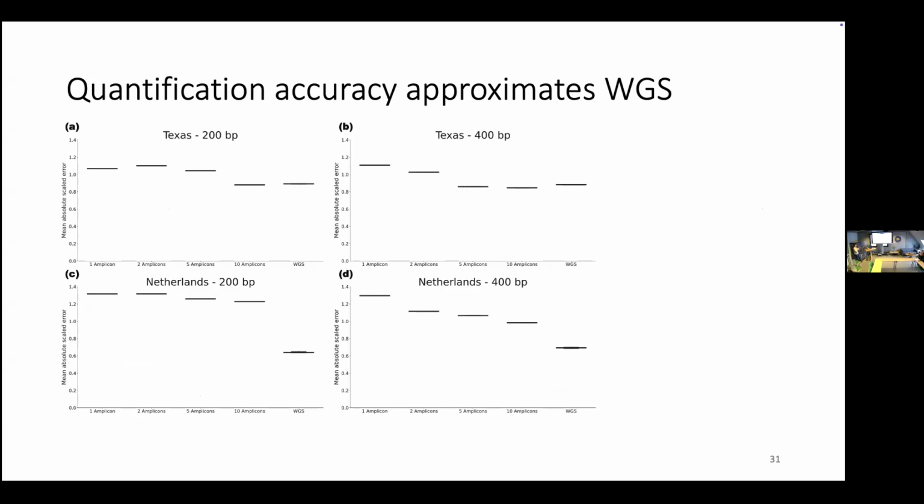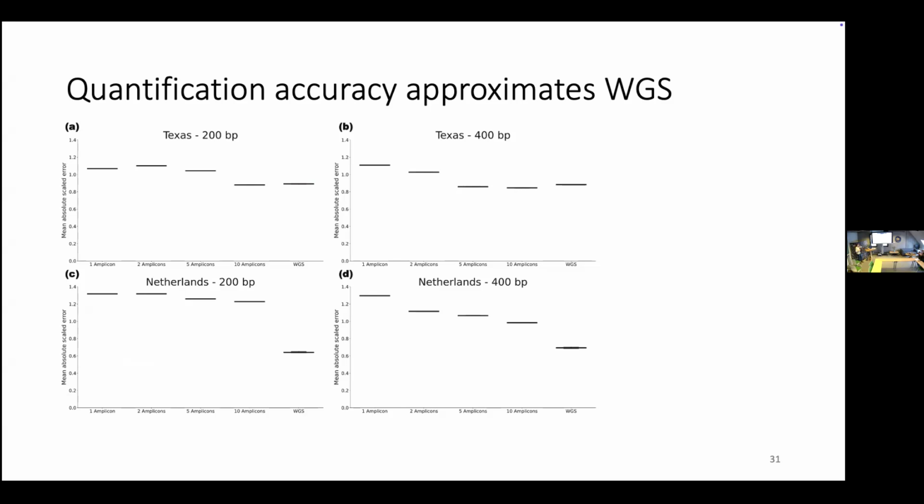So we had 2 data sets here, one representing sequences from Texas, the other representing sequences from the Netherlands. And for the Texas data, you can see that actually using our selected amplicons, we reach a similar accuracy to whole genome sequencing. Again, more amplicons is better, but even with a few amplicons, we do quite well.